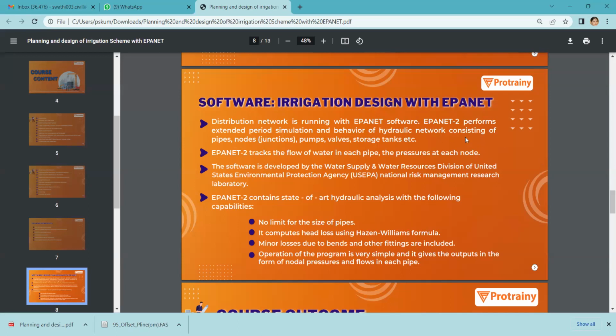Nodes: the network consists of pipes and nodes. Nodes means junctions, pumps, valves, storage tanks, etc. These are the given inputs. So what is available? That means the pipes, nodes, junctions, valves, storage tanks, etc. For example, Epanet 2 tracks the flow of water in each pipe and the pressure at each node.